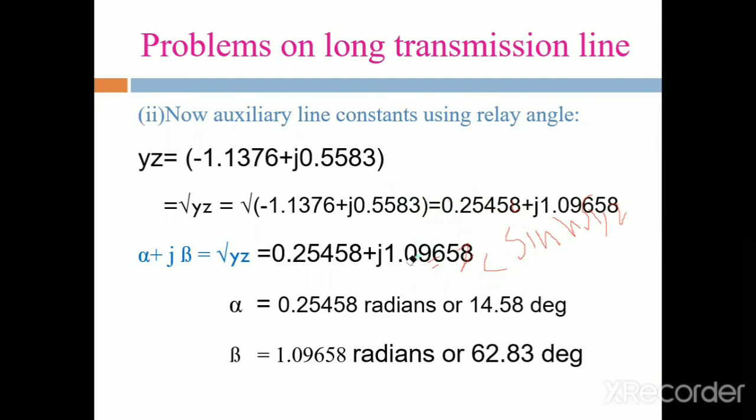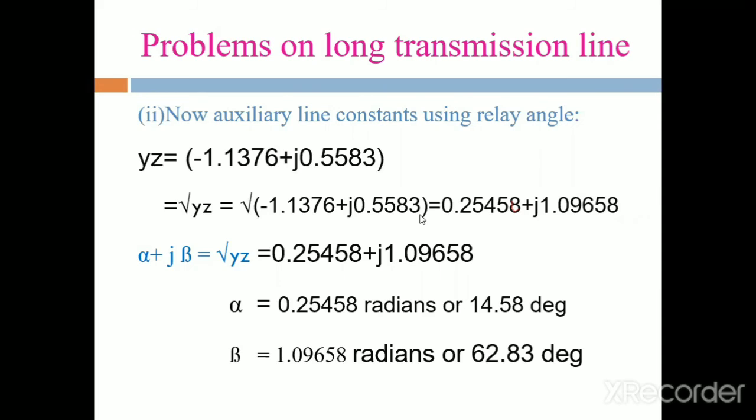We first calculate the y into z values, after that we multiply with the root value. Okay, this is the y into z value, that is minus 1.1376 plus j 0.5583.